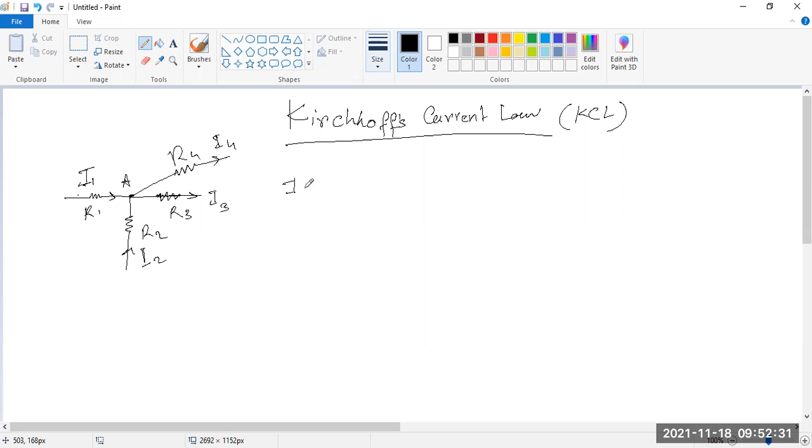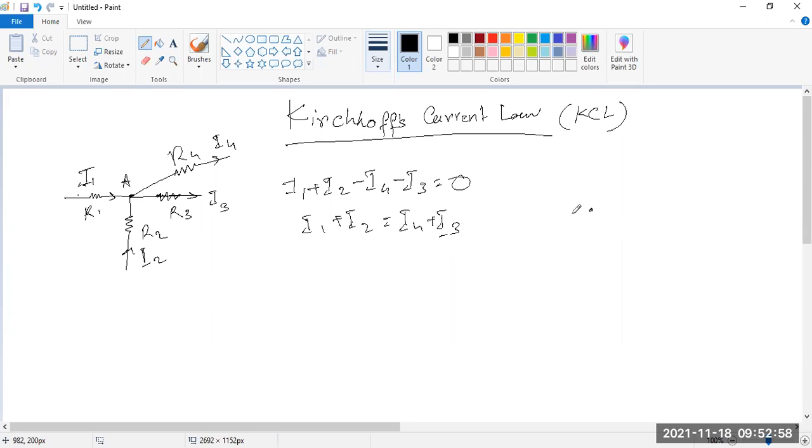So I1 is positive as it is incoming, plus I2, which is also incoming, but I3 and I4 are outgoing. So we have I1 plus I2 minus I4 minus I3 equal to 0. We can say I1 plus I2 equal to I4 plus I3. So the summation of all current is 0.